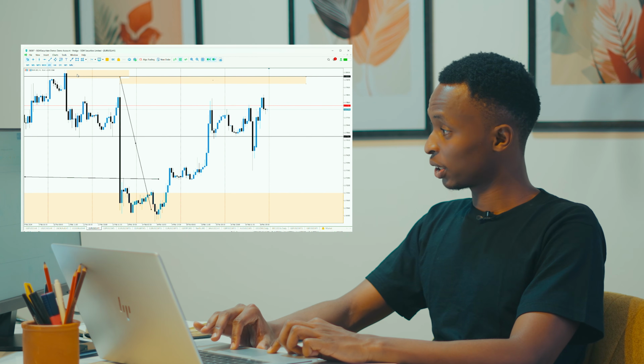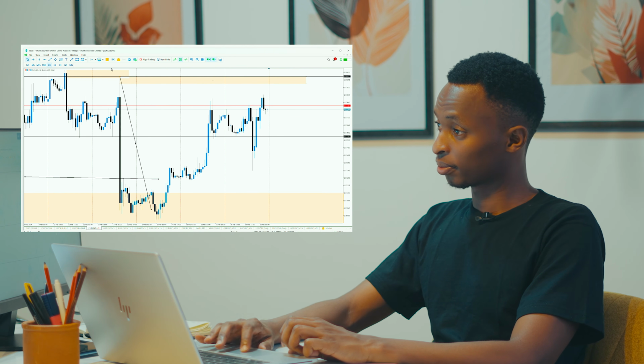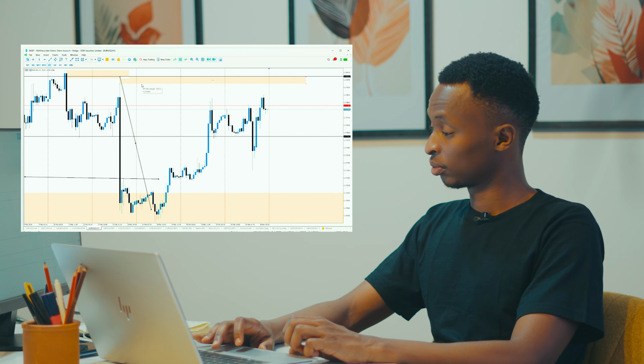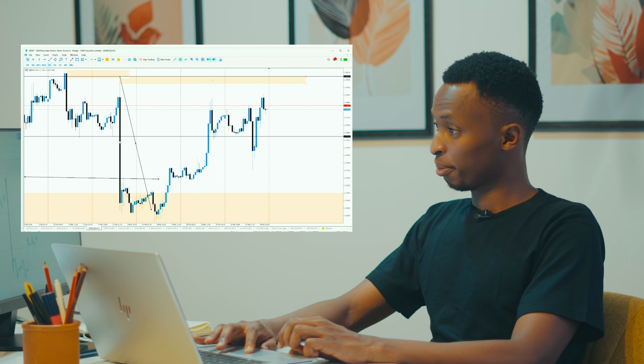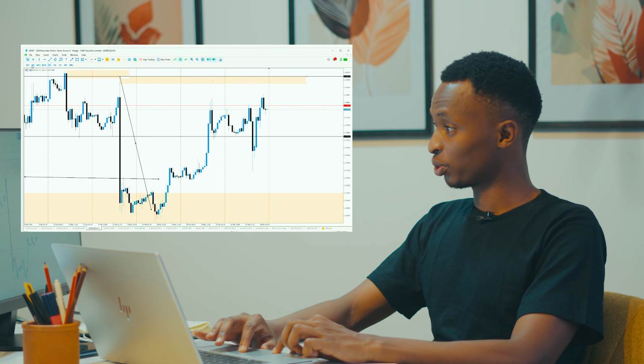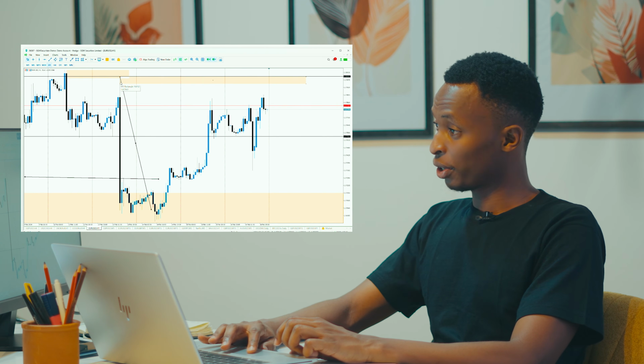You can put that all the way till there. So just a minute. Yeah, so the base of that move over there is where our sellers came into the market, and this is where I'll be waiting for a change of character.